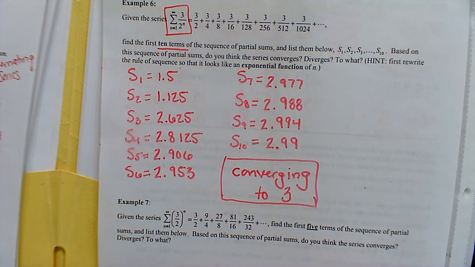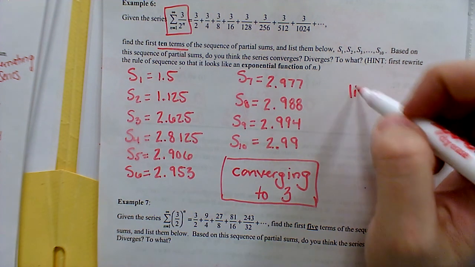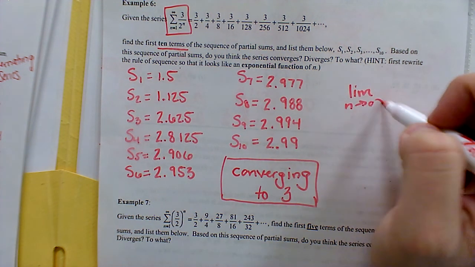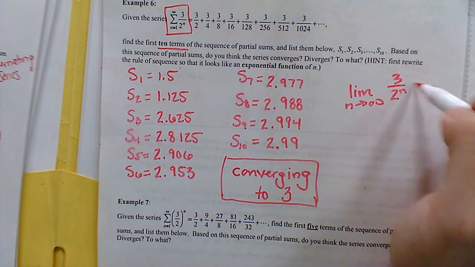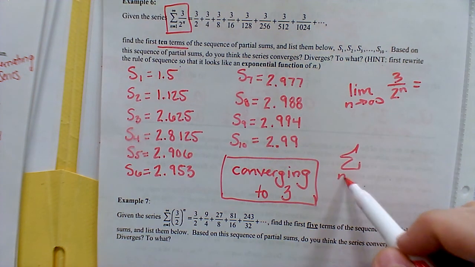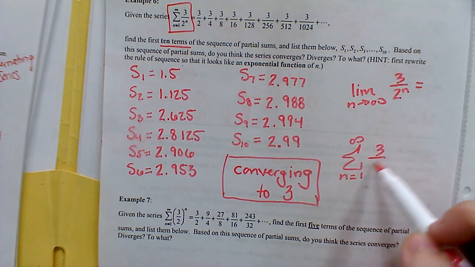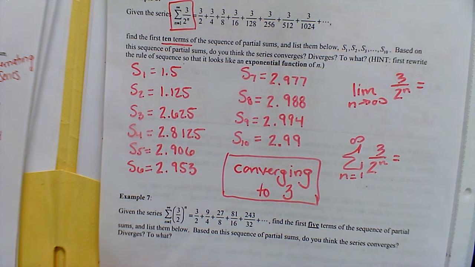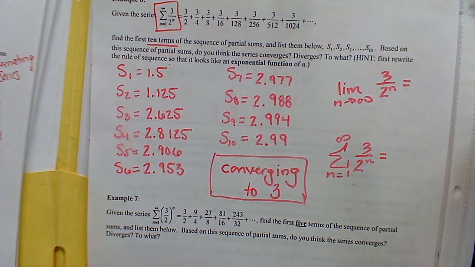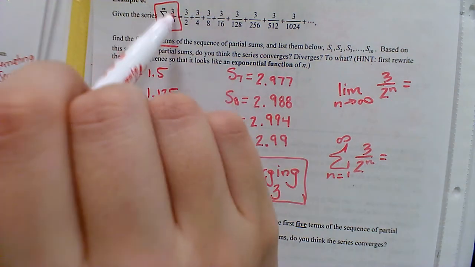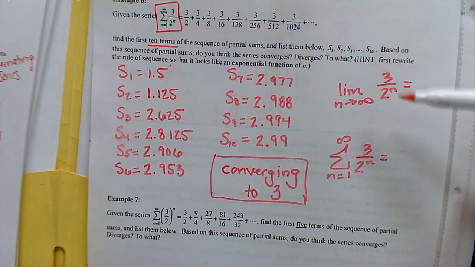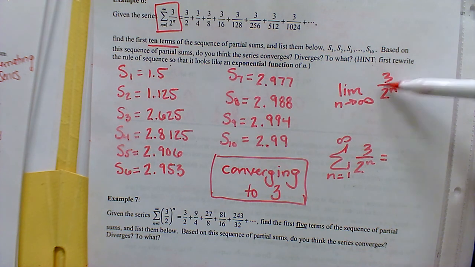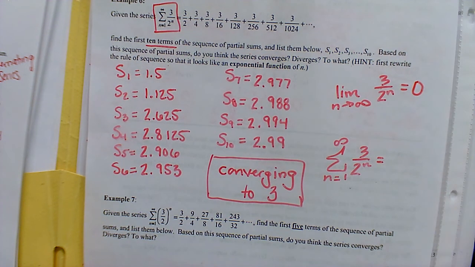Now there is something I want to point out here, the difference between these two notations. If we were to look at the rule itself, the 3 over 2 to the n, if you were to go deep into that rule, plugging in infinity, you would have 3 over something huge, which is approaching what? 0, right?